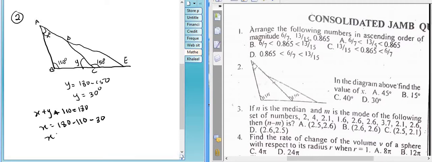So x is equal to 180 minus 140. Therefore x is equal to 40 degrees. So by looking, the correct option is 40 degrees, which is option C. So the final answer is option C. So next question.